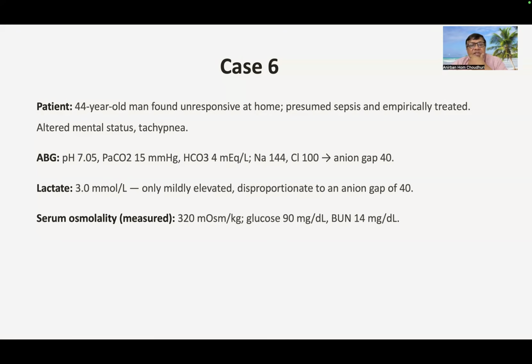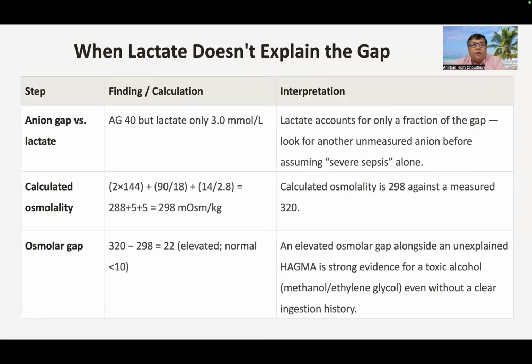Now, why is there this discrepancy? Why is the lactate only mildly elevated despite an anion gap of 40? Lactate accounts for only a fraction of the gap, so look for other unmeasured anions before assuming severe sepsis alone. The calculated osmolality is 2 times 144, because that was his sodium, plus 90 by 18 for glucose, and 14 by 2.8.